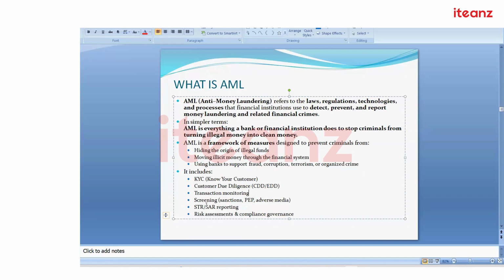SBI will send one message to HDFC saying that Gautam is sending some money to Satya. Before sending, SBI will check in its system whether Satya's name is in any blacklist.